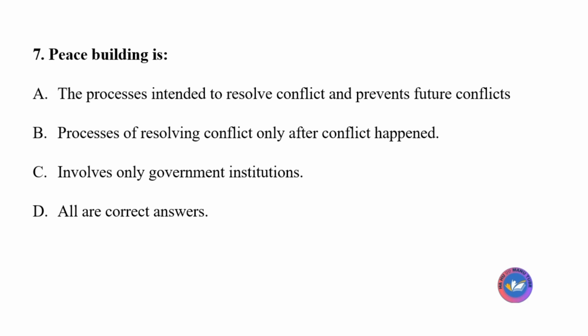The answer is the process intended to resolve conflict and prevent future conflicts. Peace building involves addressing the root cause of conflict to establish lasting peace and prevent future disputes.